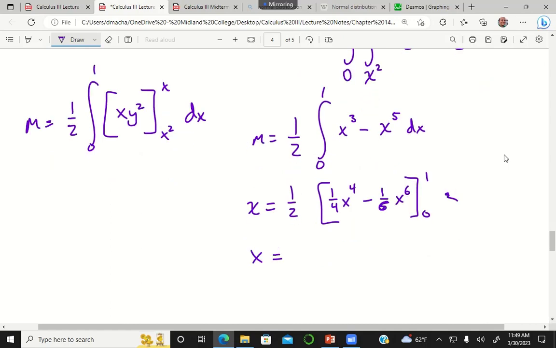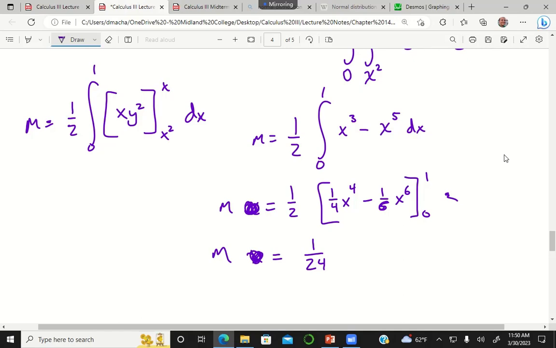So 1/4 minus 1/6, what is that? It would be 3/12 minus 2/12, so it would be 1/12 times 1/2 is 1/24. Oh, and that should be m, sorry. I don't know how that got turned into an x. Okay, so the mass is 1/24.